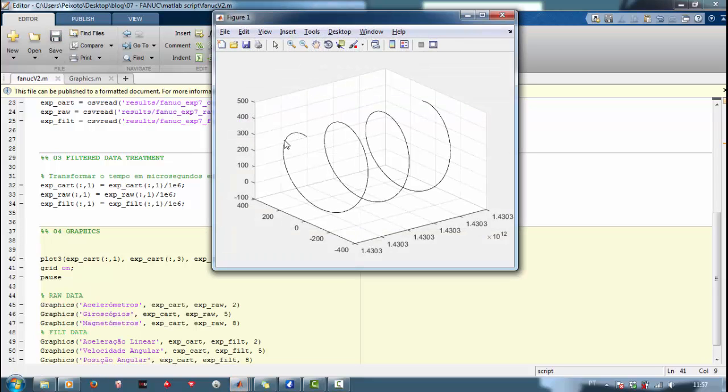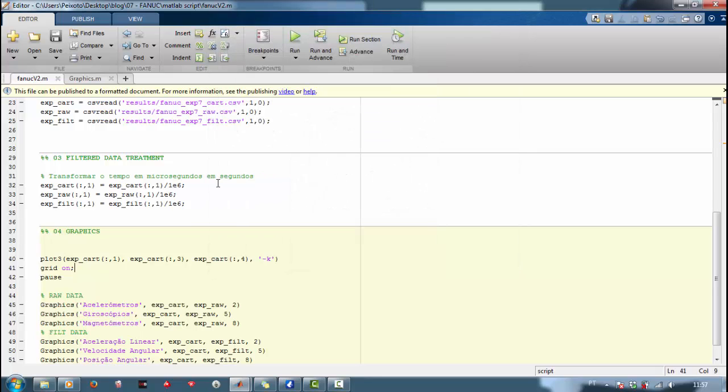As you can see, the robot made 1, 2, 3 circles, and this will be the data that I will be analyzing.